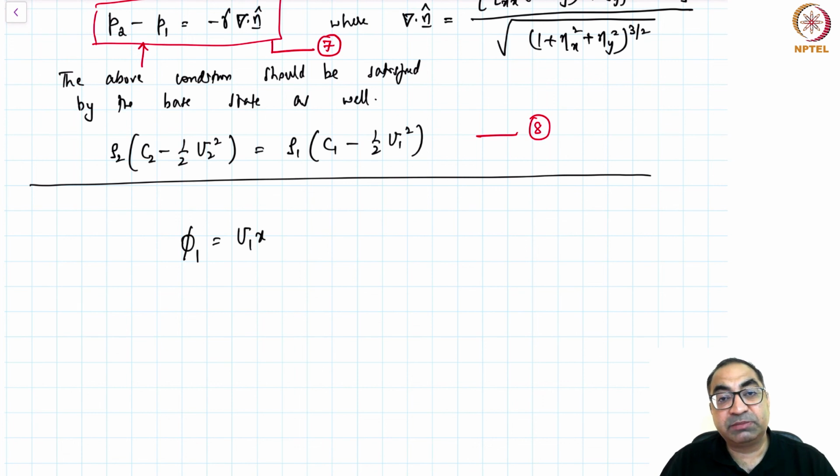But now we introduce a perturbation to it, which is something like phi1 prime. And then we will do the same thing for phi2 as well. And when phi1 prime and phi2 prime, the perturbations, are small, we can substitute into the equations that we have in the boundary conditions, that is, from equation 2 to 8. And we'll get the linearized governing equations for an arbitrary disturbance.